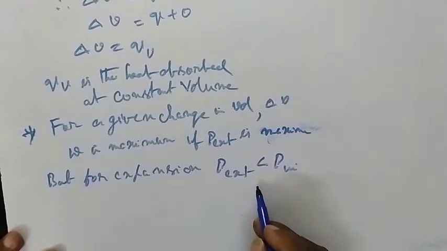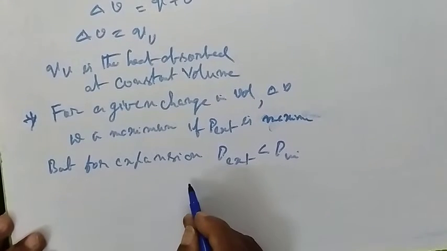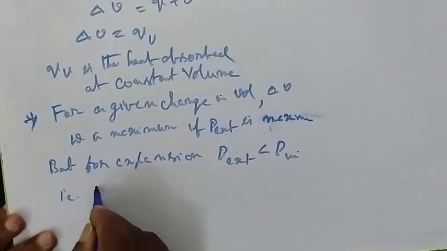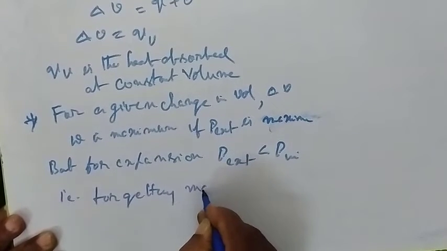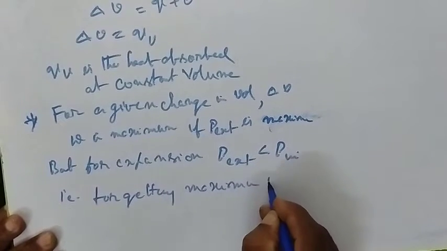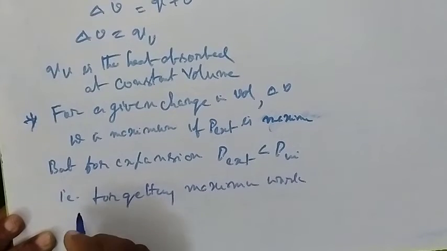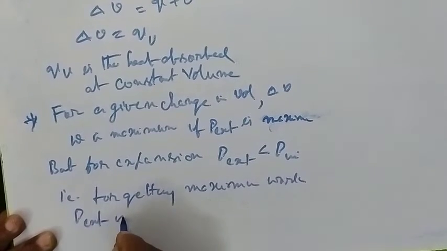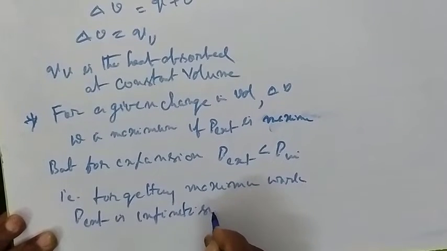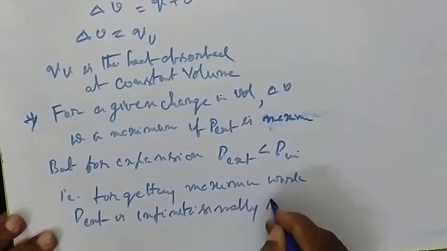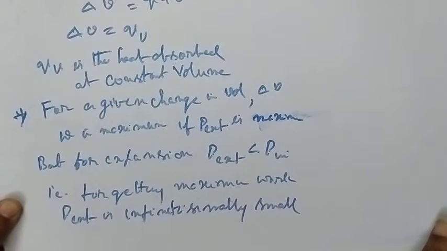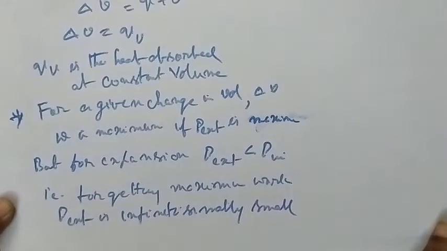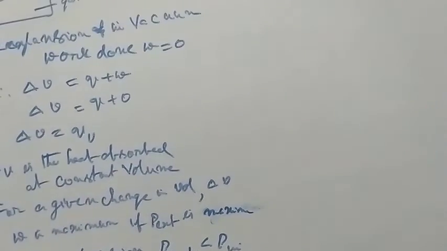If the external pressure is less than internal pressure, then gas expands. That is, for getting the maximum work, P external is infinitesimally small, meaning the external pressure is very, very small when compared to internal pressure, then maximum work takes place.